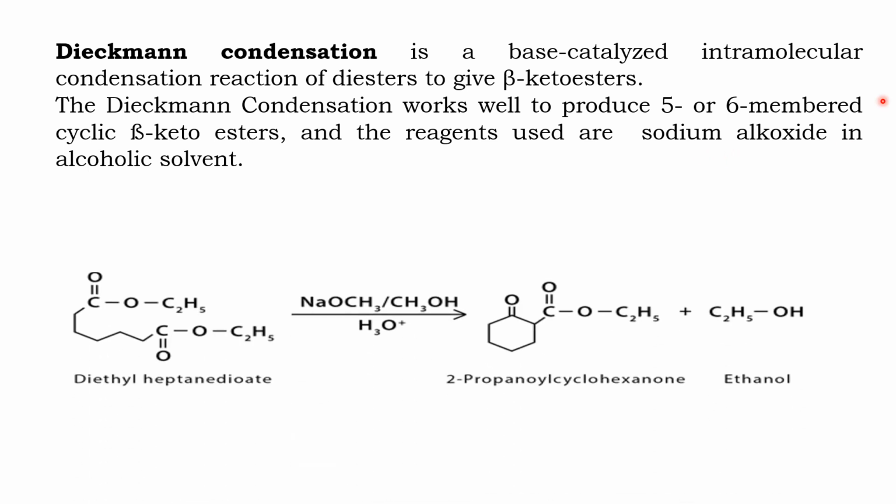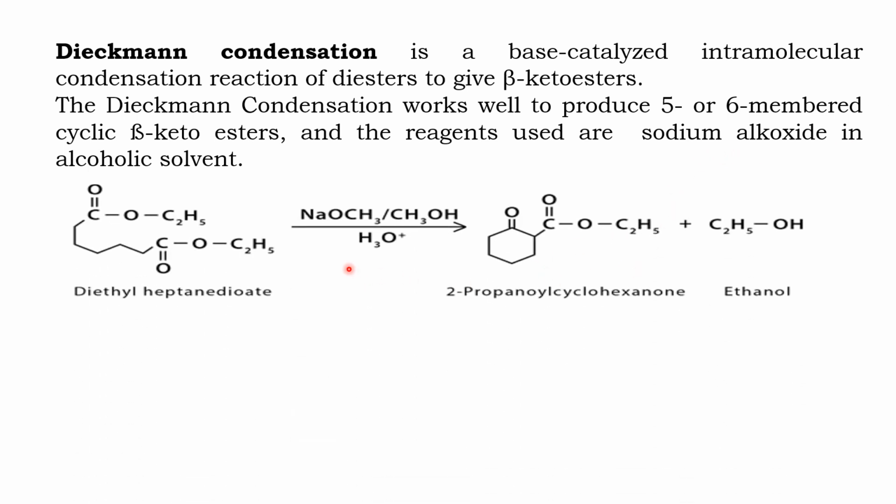See here, this is the reaction. I have an ester at the alpha position and an ester group at the omega position. That means the first and the last position. So these two esters in presence of base undergo intramolecular cyclization.